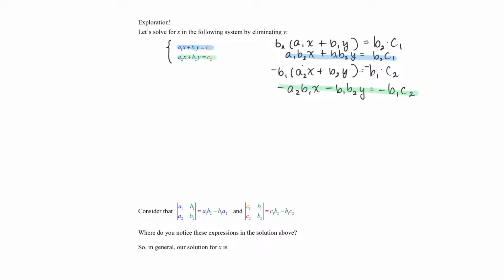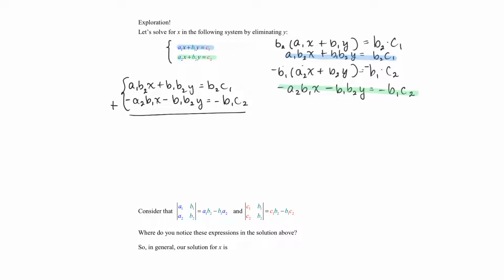So I'm going to rewrite my system. I'm going to have a sub 1 b sub 2x plus b sub 1 b sub 2y equals b sub 2 c sub 1. And then the opposite of a sub 2 b sub 1x minus b sub 1 b sub 2y equals the opposite of b sub 1 times c sub 2.